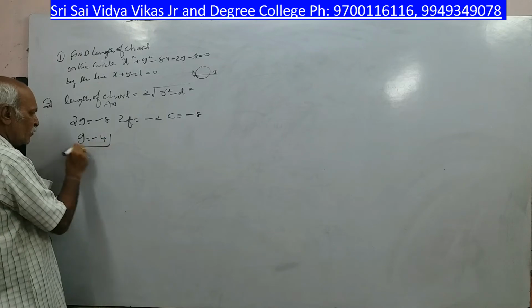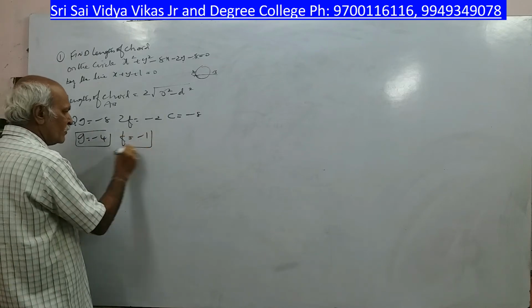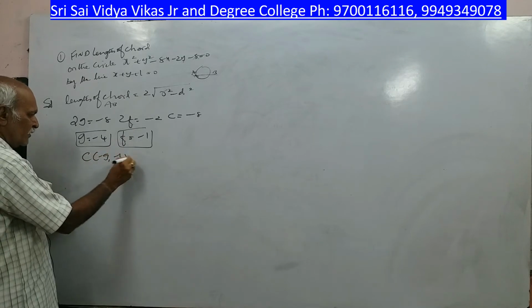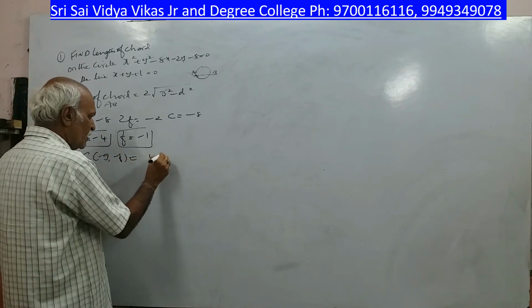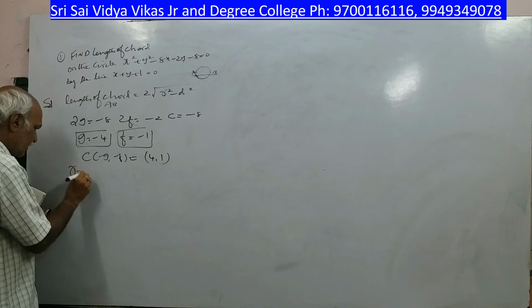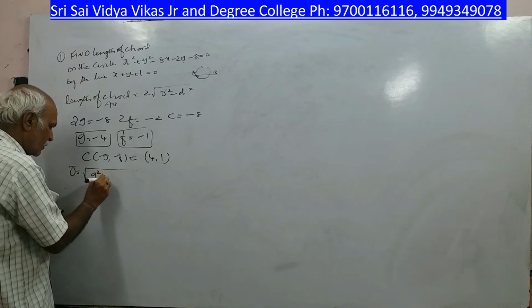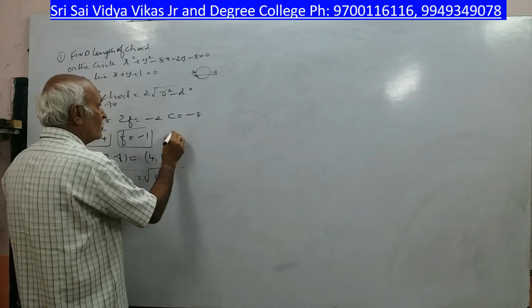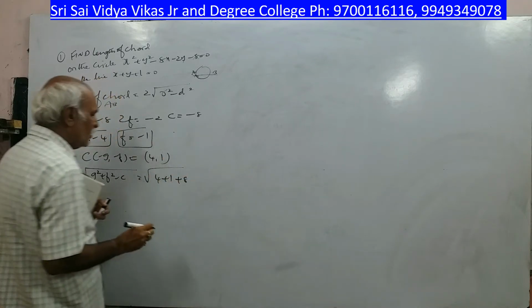G value minus 4, f value minus 1, right? Then center is minus g comma minus f. So 4 comma 1. What is the radius? Root of g square plus f square minus c. So 4 plus 1 minus of minus is plus.